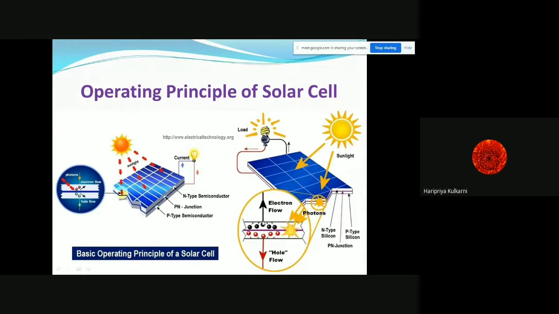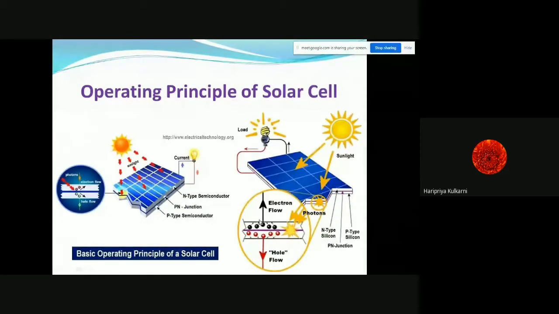The P layer contains majority charge carriers as positively charged holes. The N layer contains majority charge carriers as negatively charged electrons. Whenever it becomes forward bias, electrons can jump from one layer to the other, crossing the depletion layer.